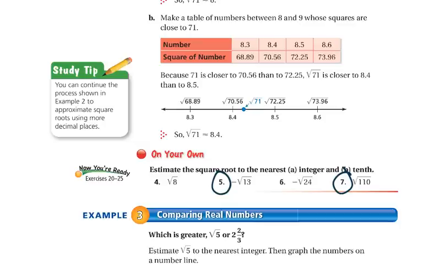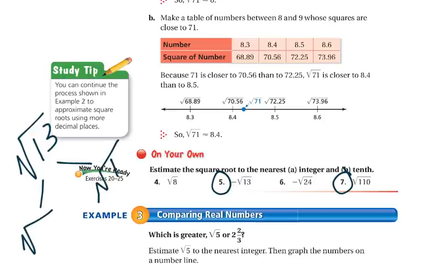Okay, so for number 5. Number 5 is the square root of negative 13. I'm not going to worry so much about the negative part. I'm going to look at it as, okay, I have the square root of 13. What are my perfect squares on each side? Well, I have the square root of 16 on the top end, and on the bottom end I have the square root of 9.